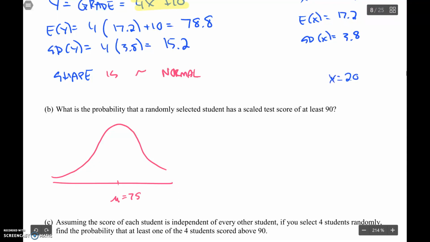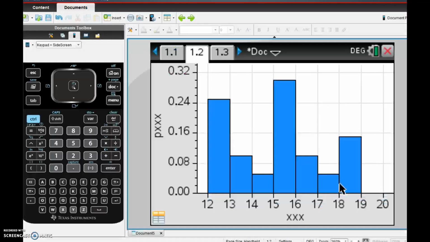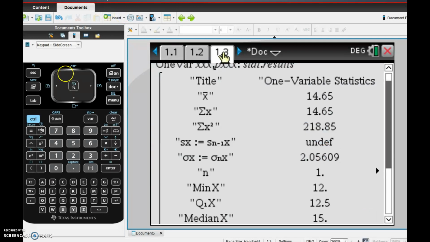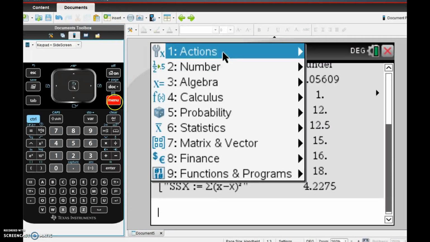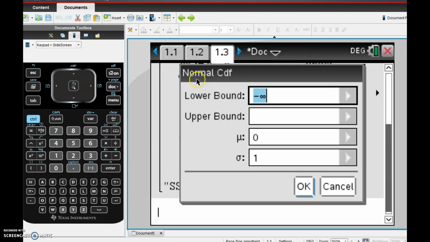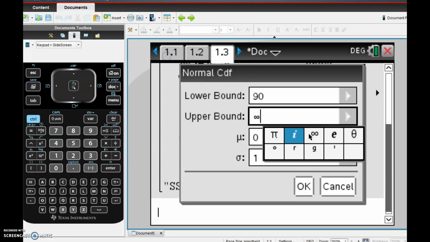Mean is 78.8. Standard deviation is 15.2. Probability that they get at least a 90. It's a 90 or higher. Menu, statistics, distributions, normal CDF, 90 or higher.